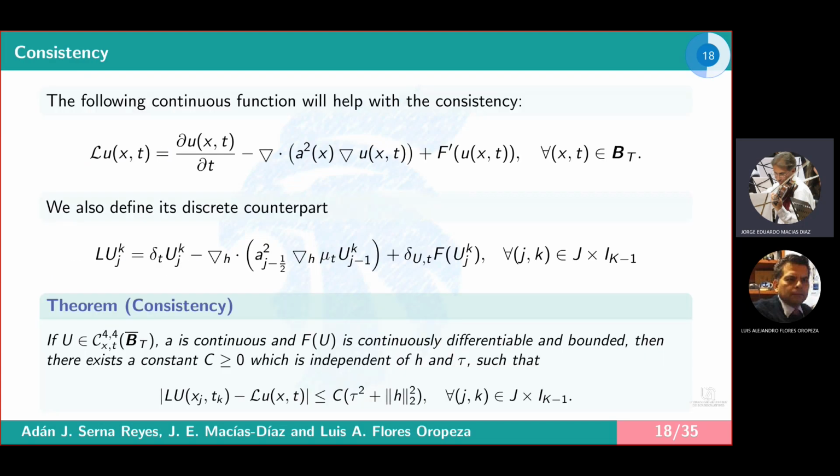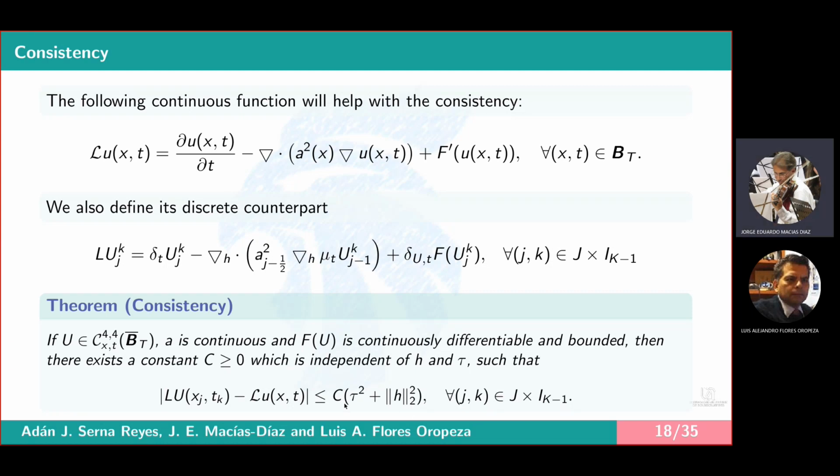About the numerical properties, we're going to establish consistency, stability, and convergence. For consistency, we just compared this continuous operator with this discrete operator. Under suitable smoothness conditions on the solution and on the function f, it's easy to see that there is a constant c greater than or equal to 0, which is independent of h and tau, such that this inequality is satisfied at every grid point.